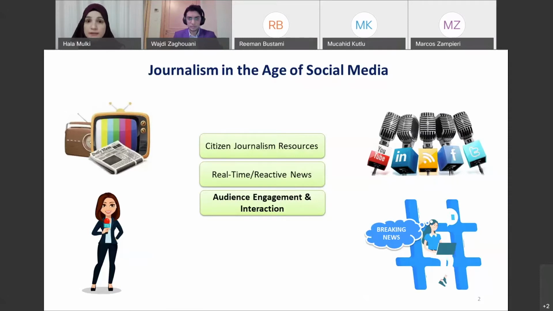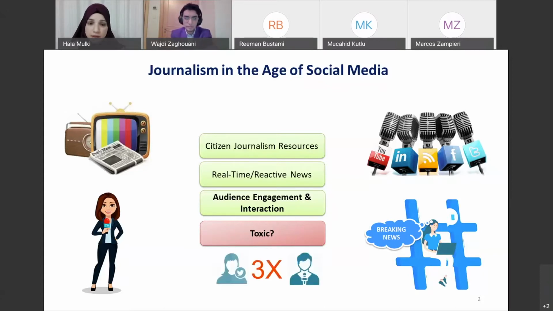Journalists now can benefit from many merits of social media, among which are reaching more people, engaging more with the audience, and also having the possibility to get instant impressions and evaluations for their shared material. However, this might come with a bit of a toxic aspect, especially for female journalists. According to a study made by an NGO, female journalists receive 3 times more toxicity than their male counterparts.